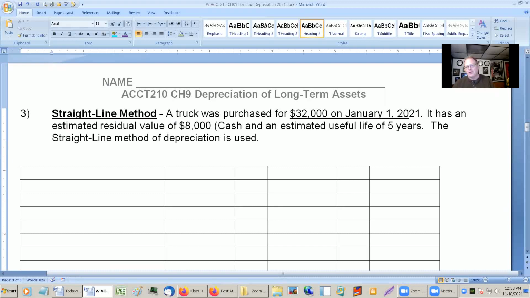It could be a trade-in too, but we're not going to worry about that. So in other words, we're paying out 32,000. We're going to get 8,000 back though. And it has an estimated useful life of 5 years.